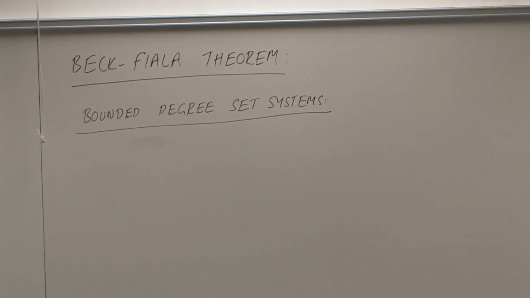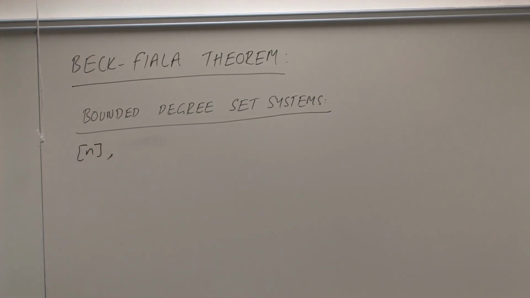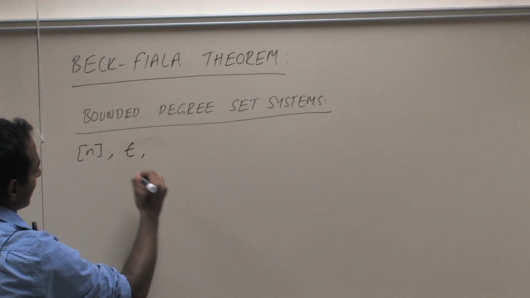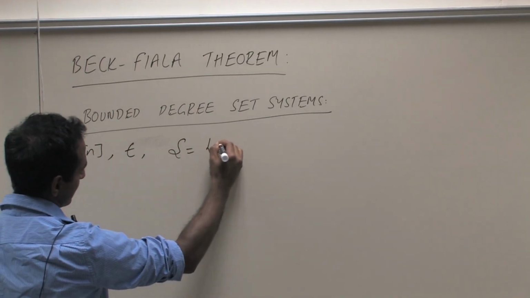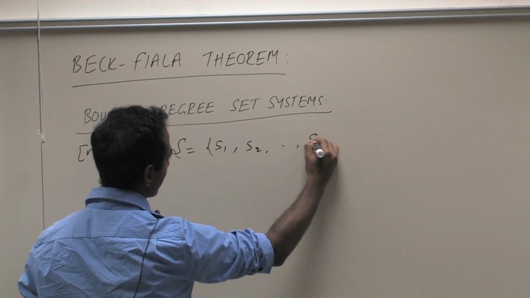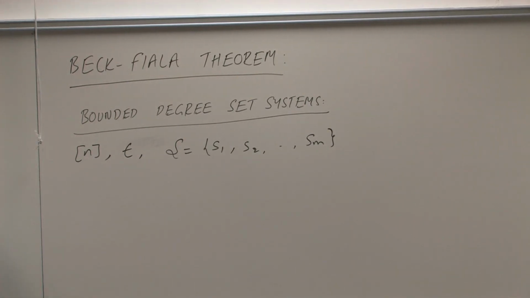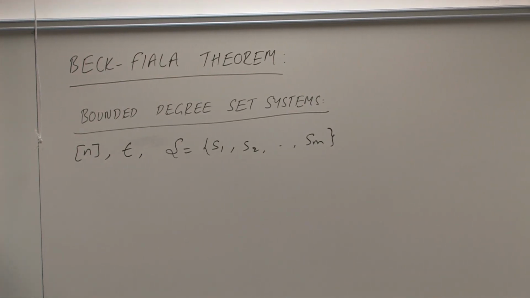You have a universe of size n as before, and you also have a parameter t. And you have a collection of sets S1 up till Sm. And the assumption is that each element in the universe appears in at most t sets.